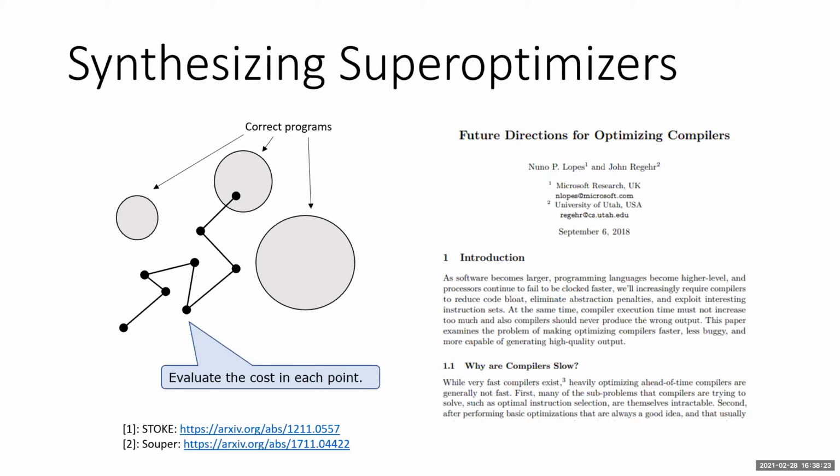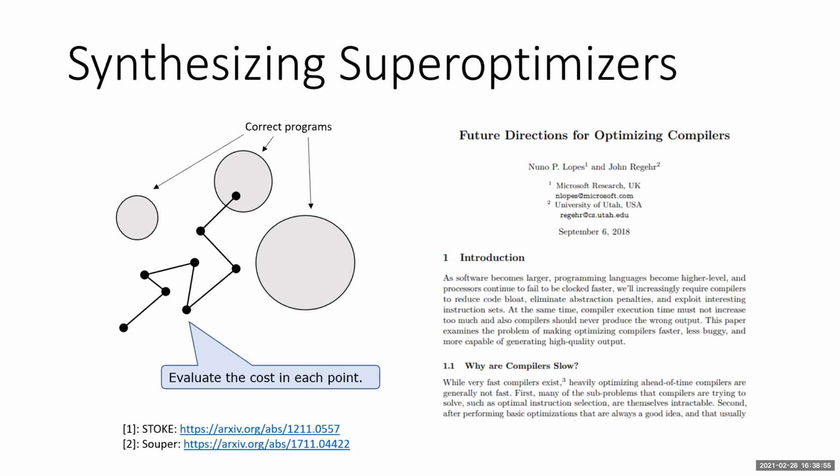The cost function here could be correctness, but also performance. And I should point out that it can take a million steps until you get the first correct program. But in the end, you will not only get the correct program, but also the fastest one. I believe there is still a long way until we will see some production-level compiler that will fully be built on top of this technique.